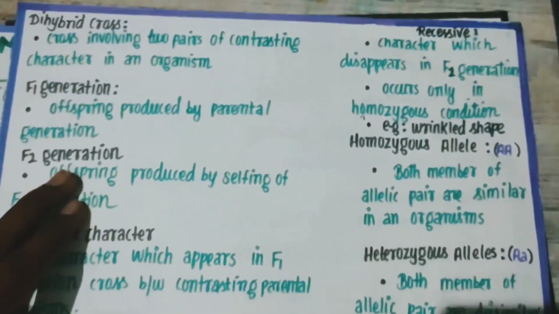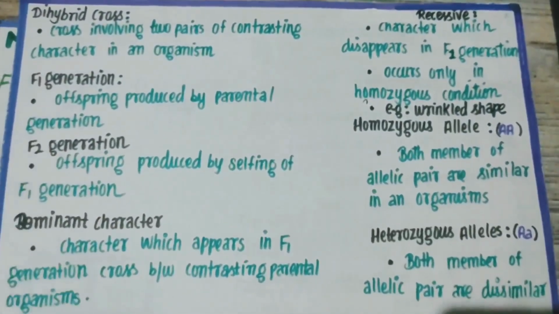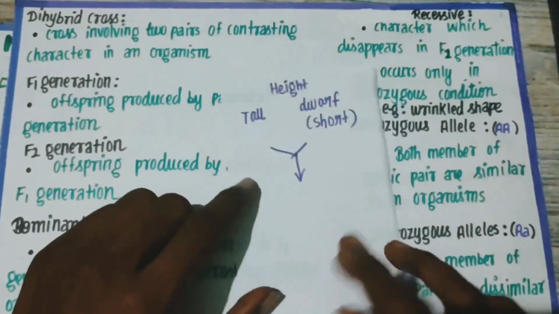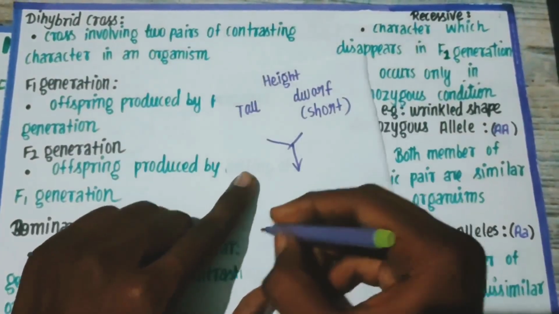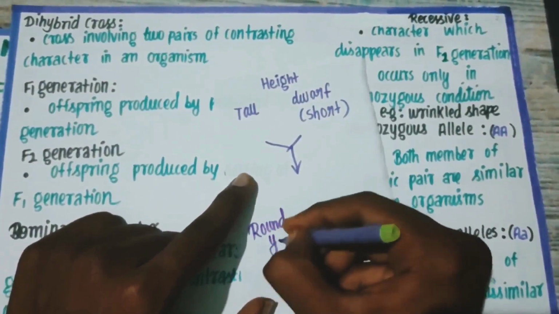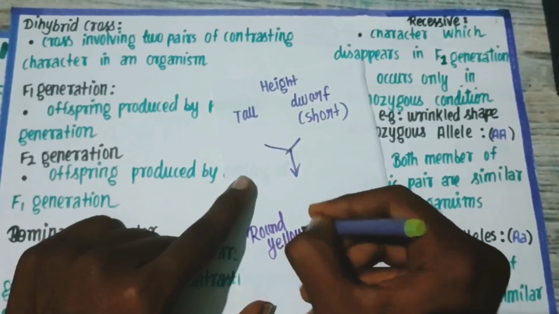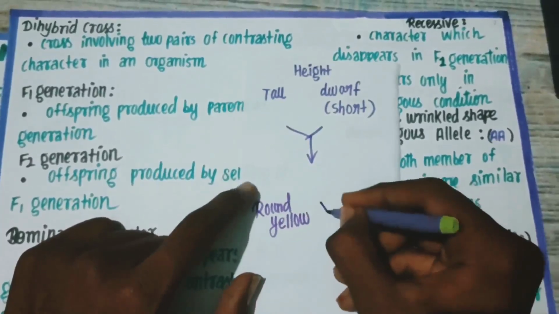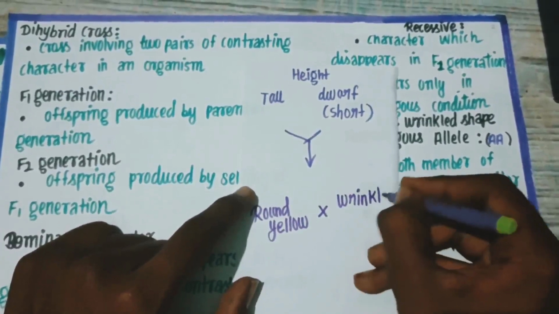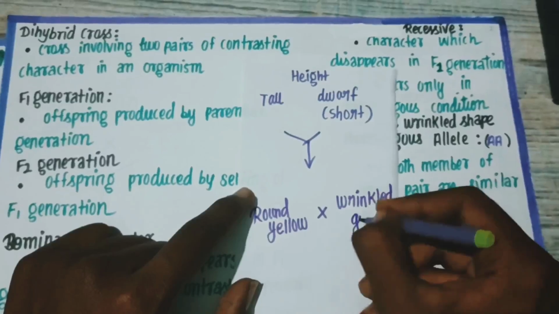Now in a dihybrid cross you take two pairs of contrasting characters. Let me give the example which is there in your book. Here you consider round yellow. You take the plant which produces round yellow seed and cross it with the plant which produces wrinkled green seed. This kind of cross is known as a dihybrid cross, because you consider two characters.